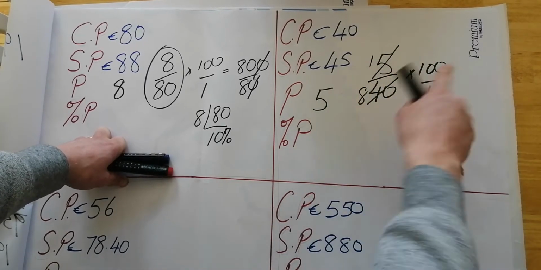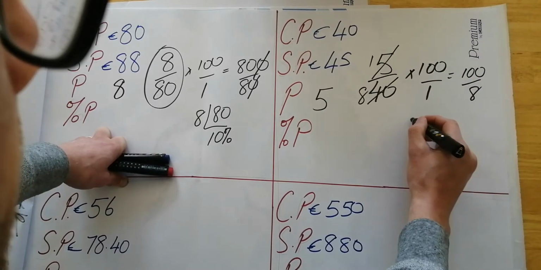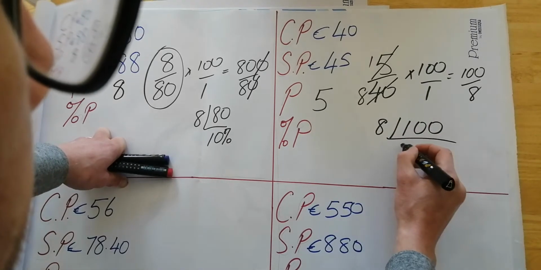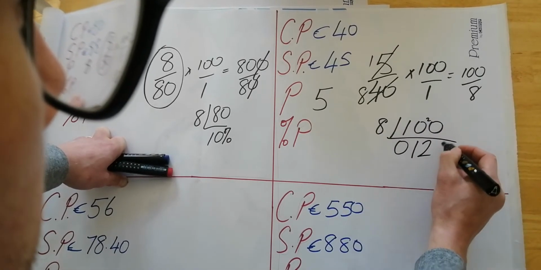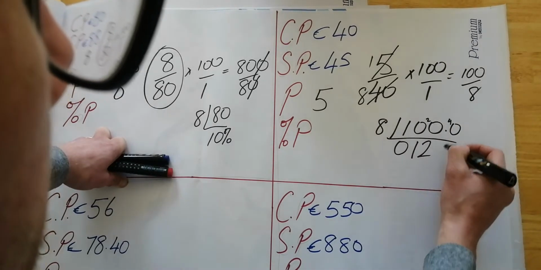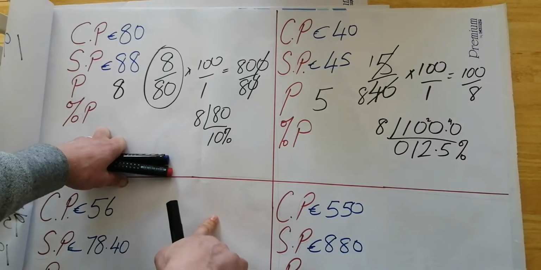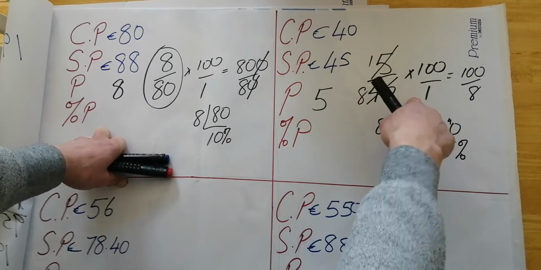But just in case we didn't, that's 100 over 8. Four left over, and that goes in 5 times. 12.5%. And of course, if I multiply 5 by 100, I get 500, and divide it by 40, I'll also get 12.5%.